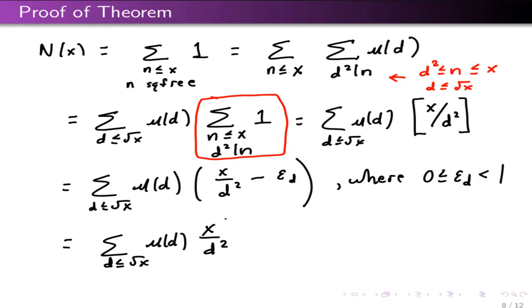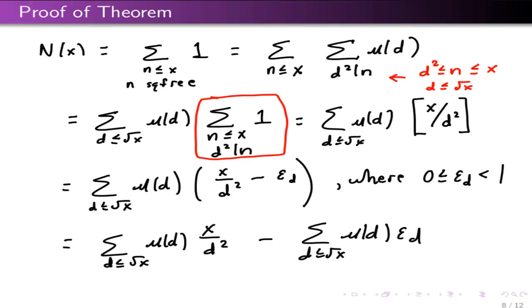Okay, let's break that into two pieces. In the first piece, we'll have x over d squared, and in the second piece, we'll have mu of d epsilon d. And then I go one step further. So let's just rewrite this.